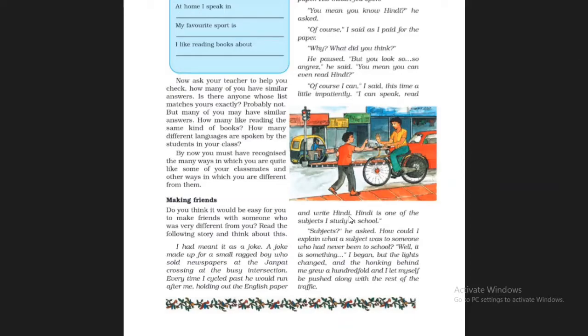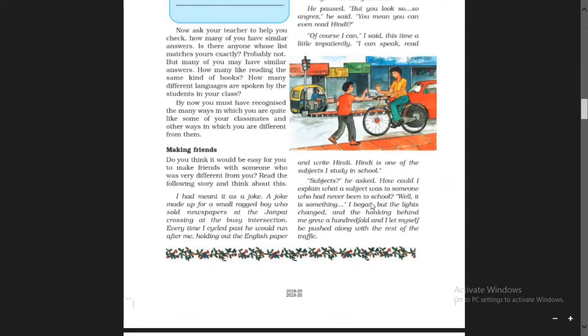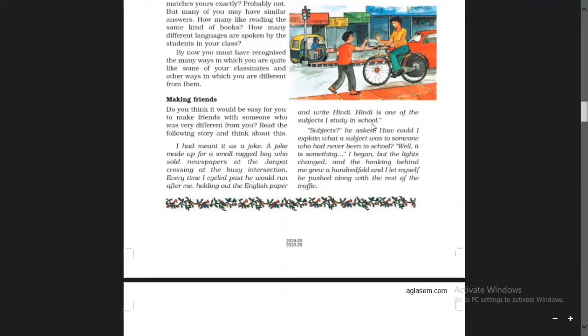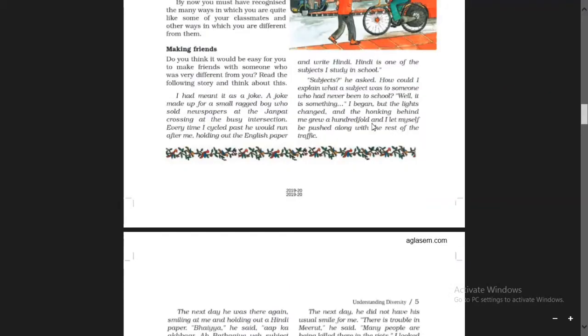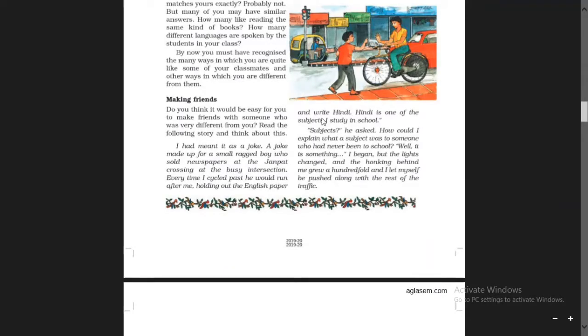I can read and write as well as speak Hindi. Hindi is one of the subjects I study in school." So, moreover, he said Hindi is a subject which he studies in school. As you children, you too study Hindi in school, the same way that boy also said.